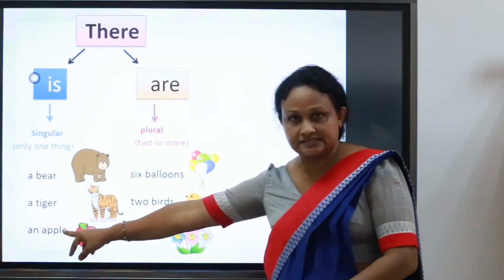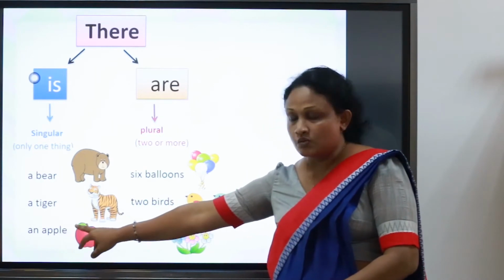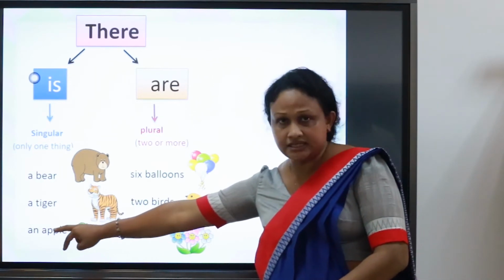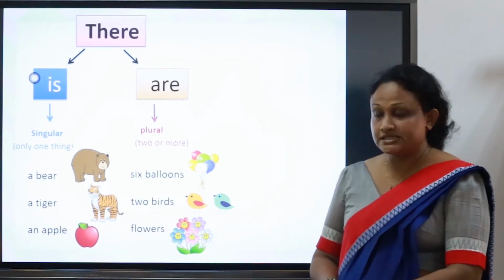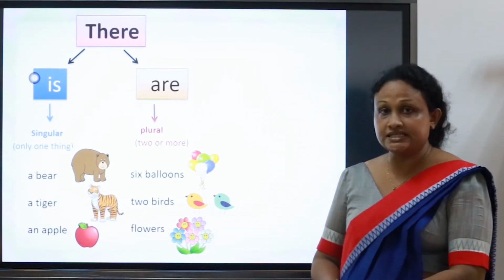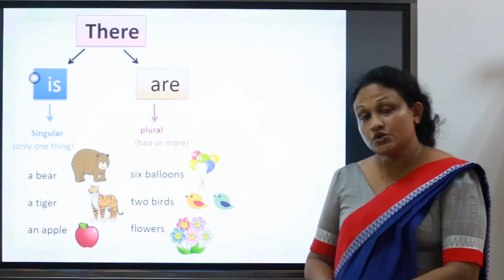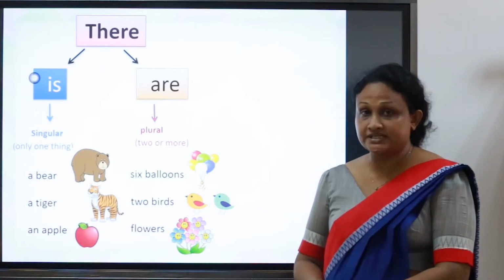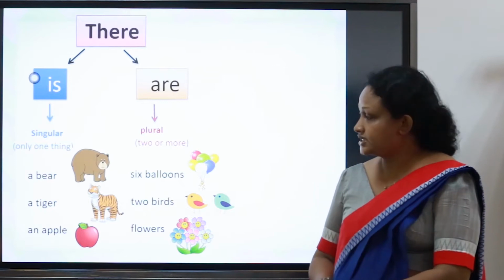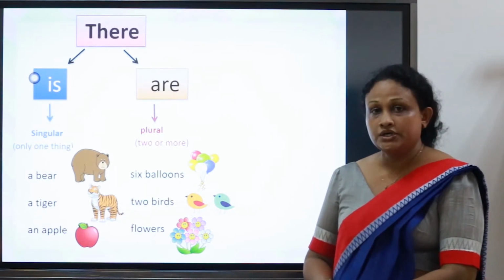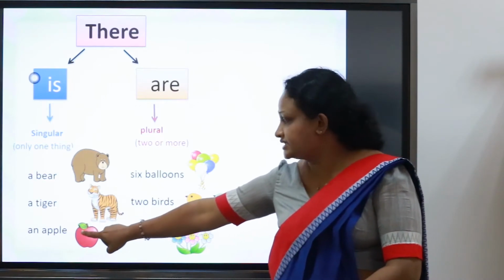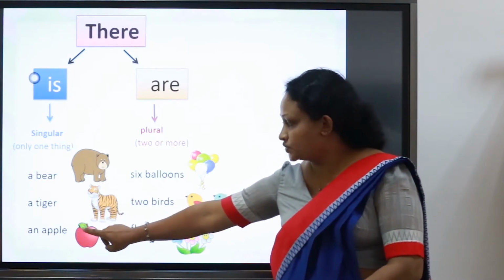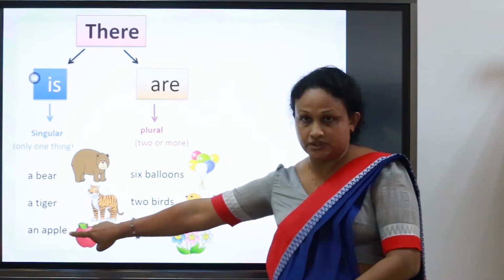And what about this word? An apple? Why should we use an here? Because apple is the word starting with the letter A. Do you know the vowel sounds? The 5 letters A, E, I, O, U. So as the word apple starts with the letter A, we have to put an in front of the word.